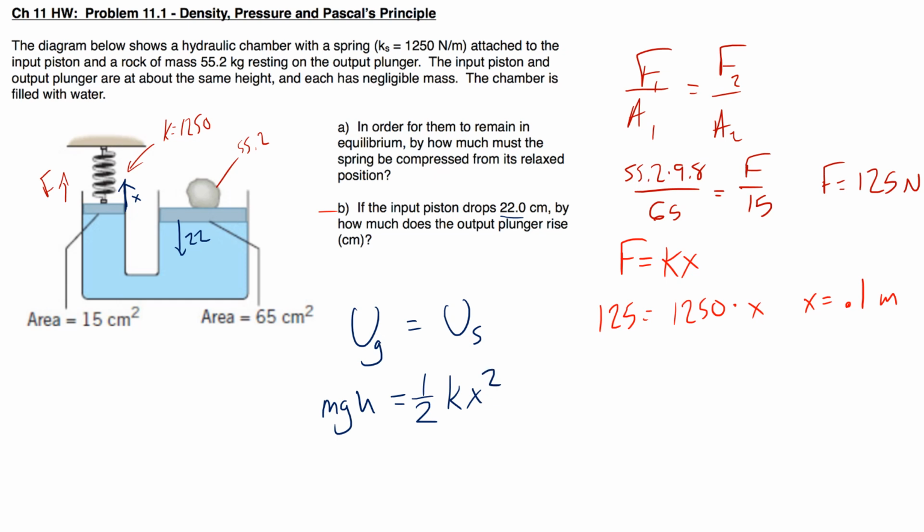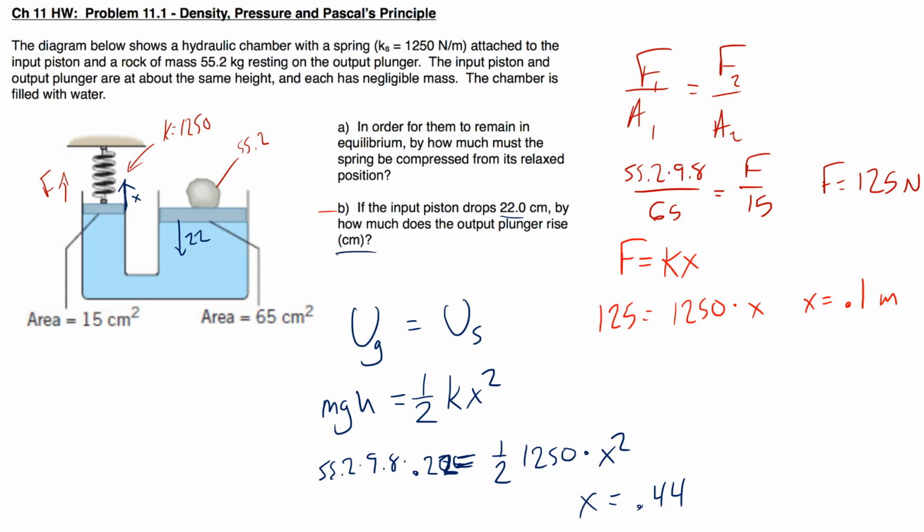So we're going to have a mass of 55.2 times 9.8 times a height of 22 centimeters, so you've got to change it to meters, 0.22, equals 1/2 times k, which is 1250, times x squared, and that's what we're looking for. Solve, solve, solve. X is going to equal 0.44.